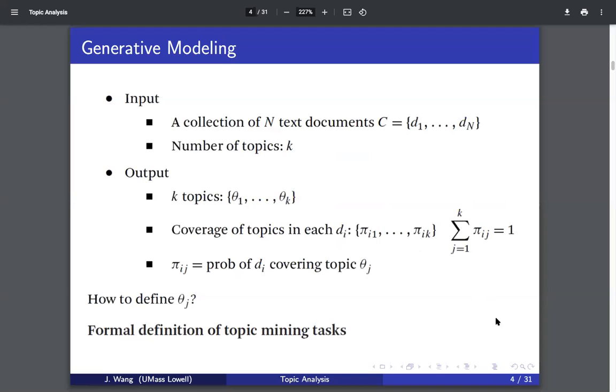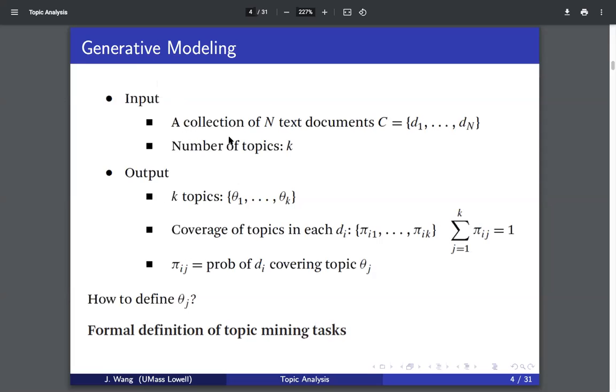As we said, when we study these things, we have a generative model. A generative model means that we want to come up with a distribution. Let's look at this generative modeling.